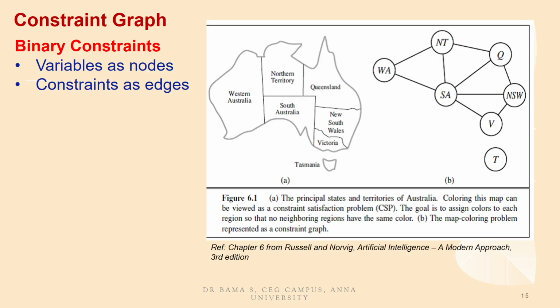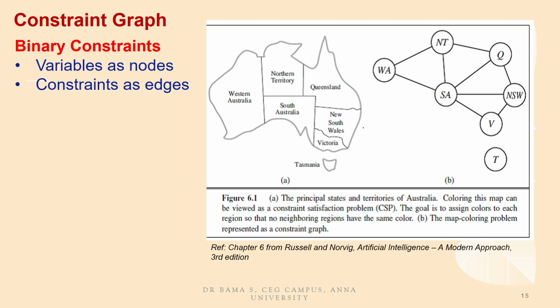Now, before going into the solution, we have to understand how to represent it as a graph, and why do we want to represent it as a graph? Because that would make it easy to solve the problem. Any higher order constraint can be converted into a binary constraint. For simplicity, we are taking the same map of Australia here, and we have converted it into this graph.